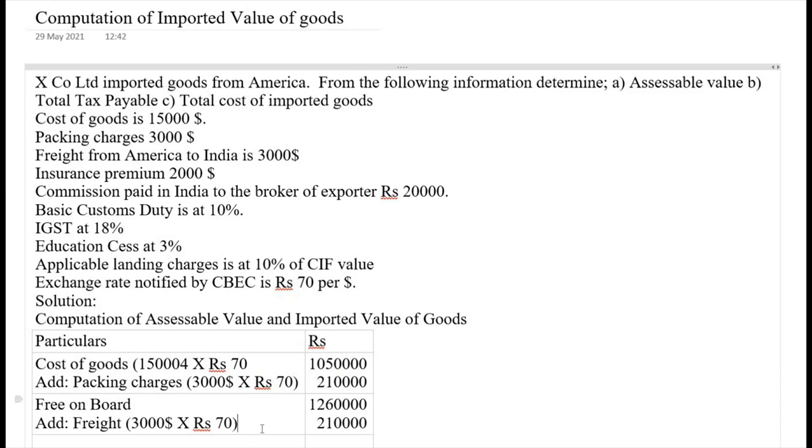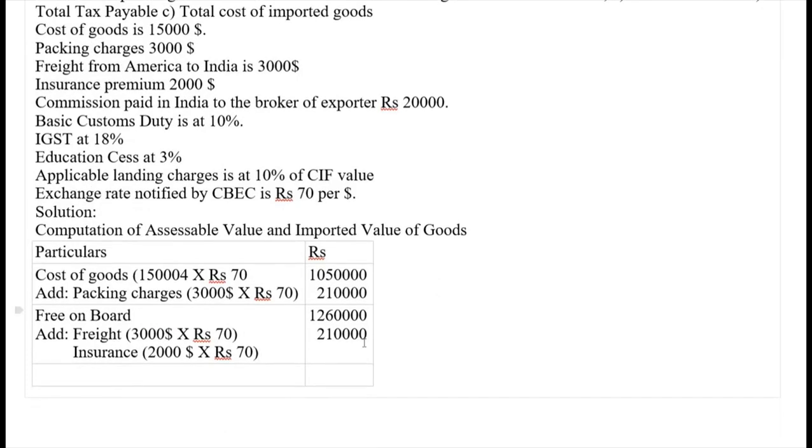Then similarly we should add insurance, $2,000 multiplied by rupees 70, which comes to rupees 1,40,000.